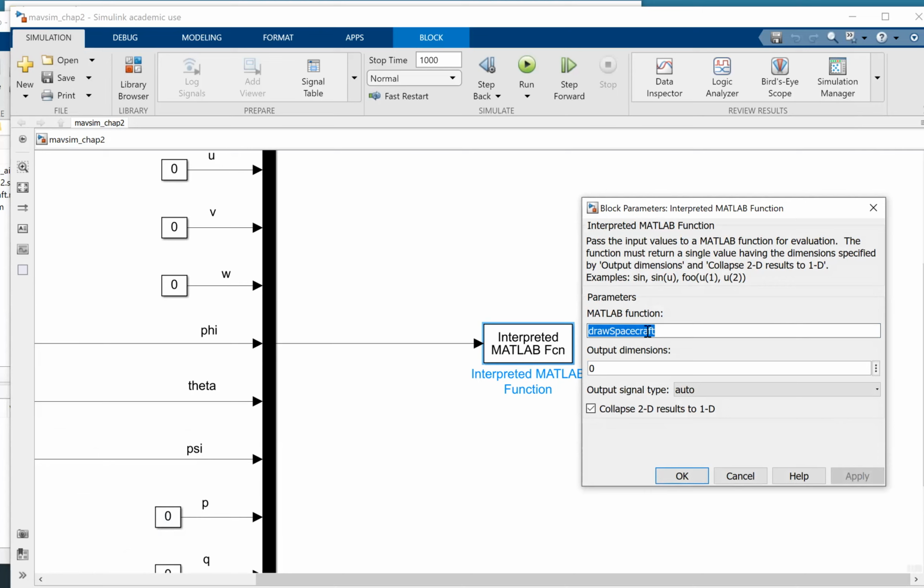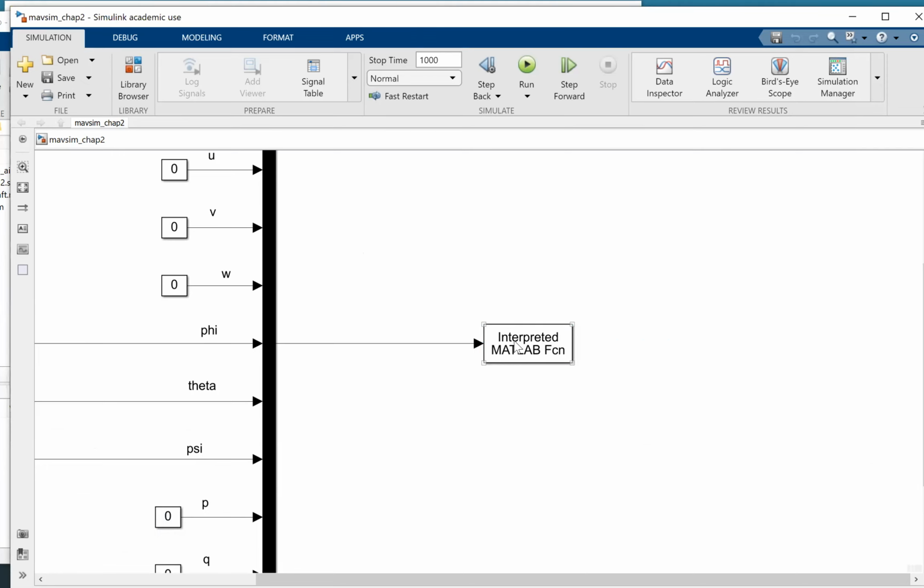This draw spacecraft function does not have any output. That's why I'm saying output dimension is equal to 0. By default, the output dimension is 1, which means the function is taking one input and sending out one output. Since I'm not sending any output, I substitute 0. Do you agree with me?